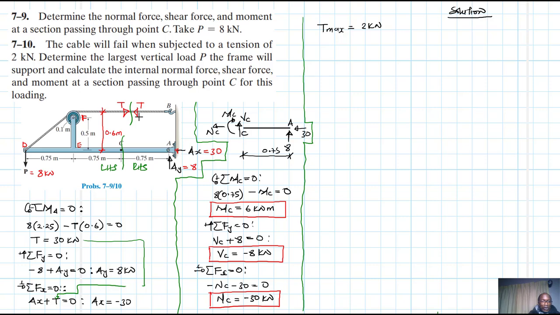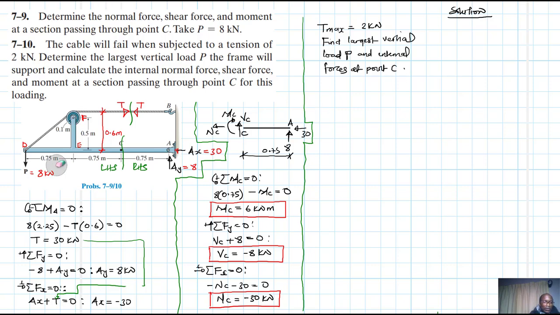Then we are being asked to find P. Okay, in this case, find the largest vertical load P, and later the internal forces at point C. Okay, so let's do that.